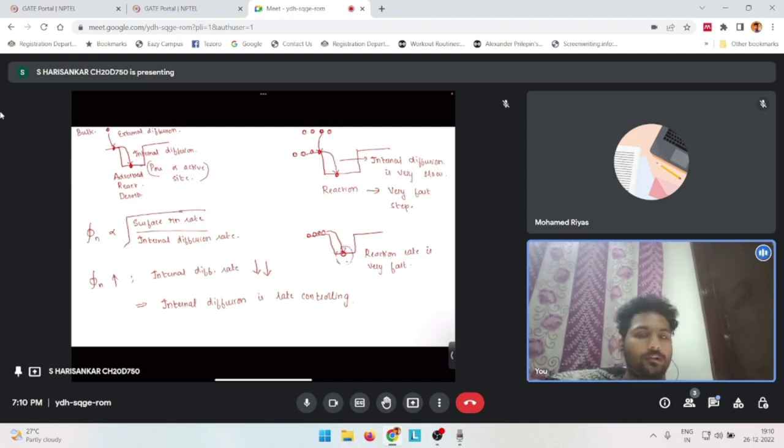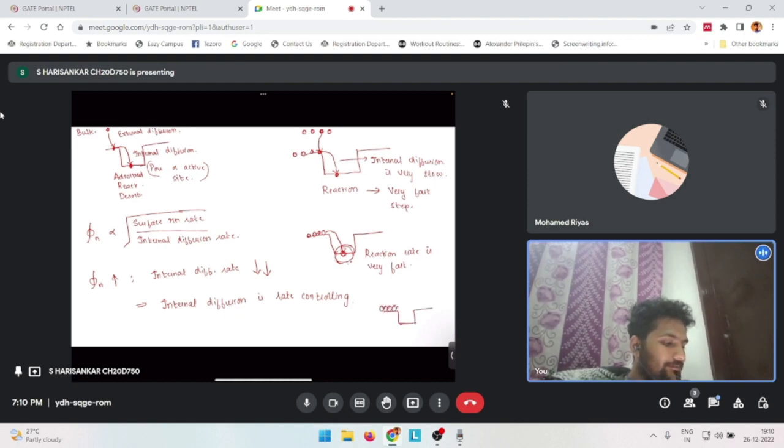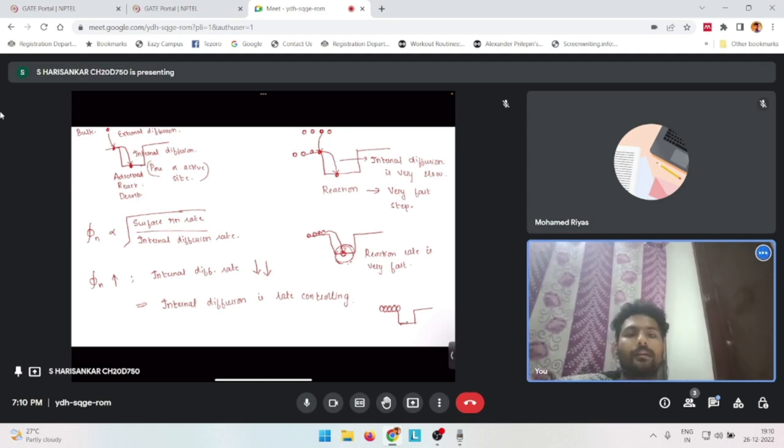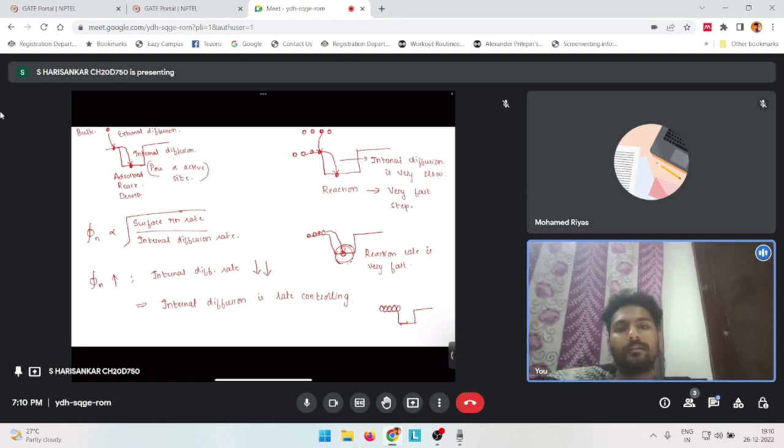So when an observer looks from the outside, they won't see this particle here. Rather, they'll be looking at the particles which are on the external surface of the catalyst. So that means when an observer looks, there will be only particles on the external surface. There will be nothing inside the active site, because whatever is getting adsorbed into the active site is reacting very fast because the reaction rate is very high.